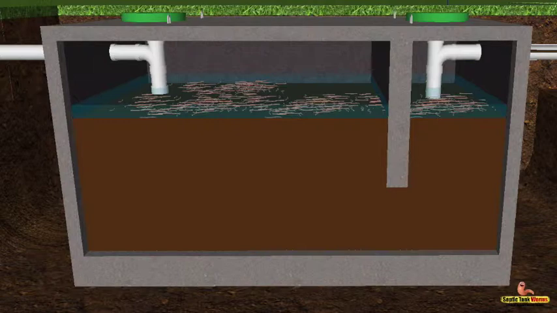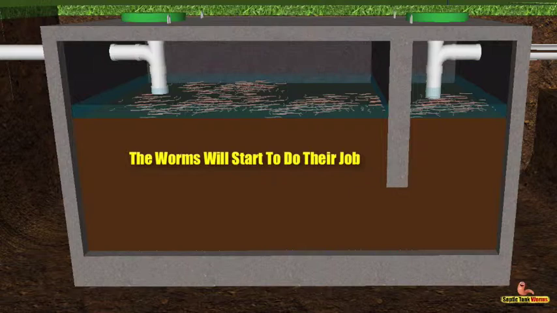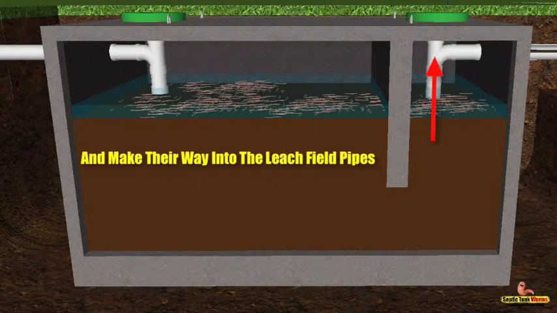The worms will settle on top of the sludge and very quickly they'll start to do their job. They'll start breeding, multiplying and burrowing into that sludge, making their way into the septic tank and through the pipes towards the drain field.